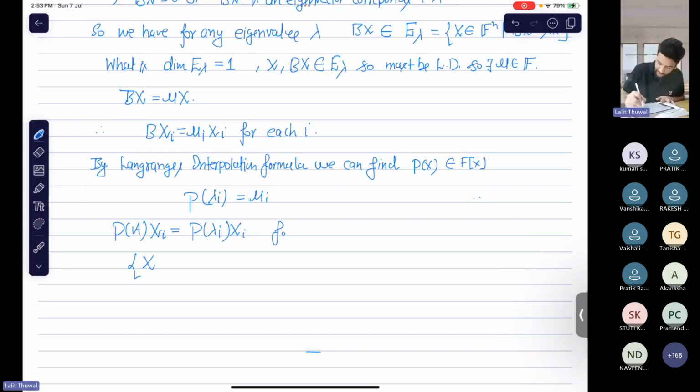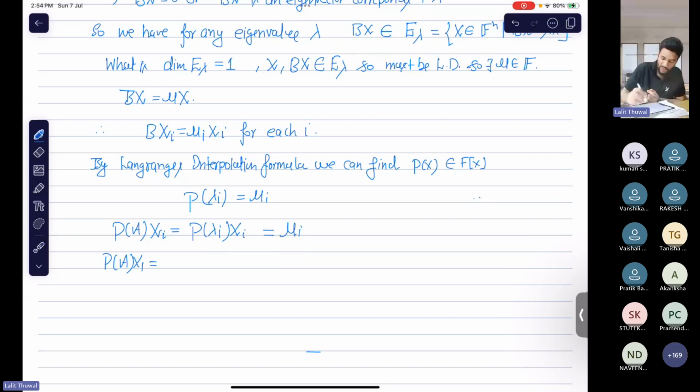This holds for each i. So what do you have? PA xi equals p(lambda i) xi. This is going to be mu i, because p takes value mu i at lambda i.